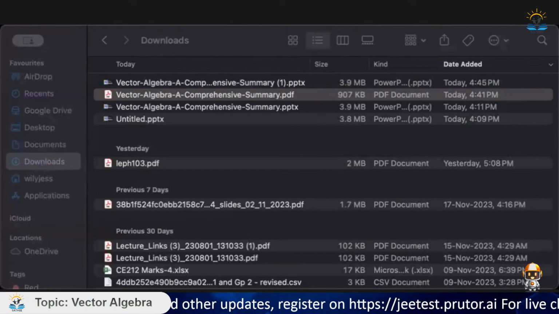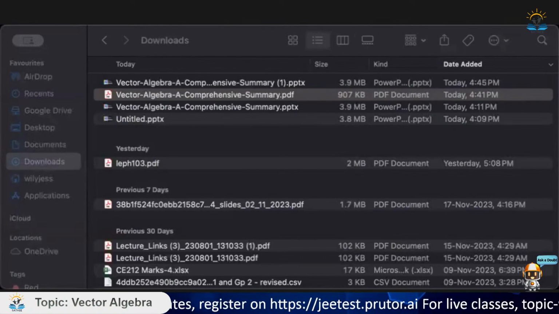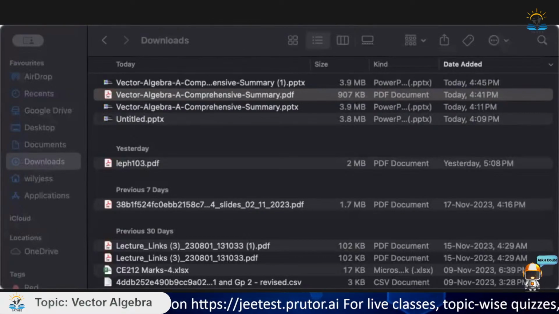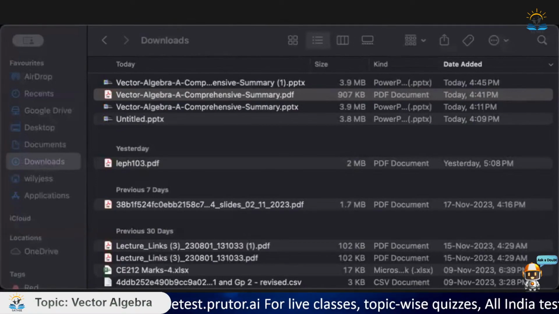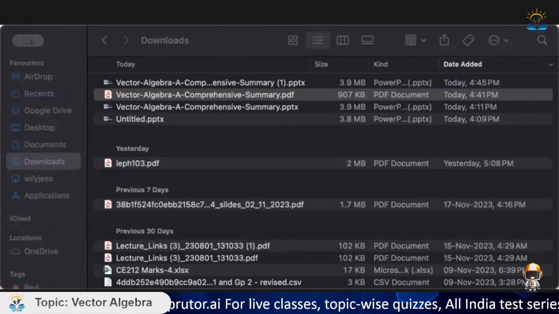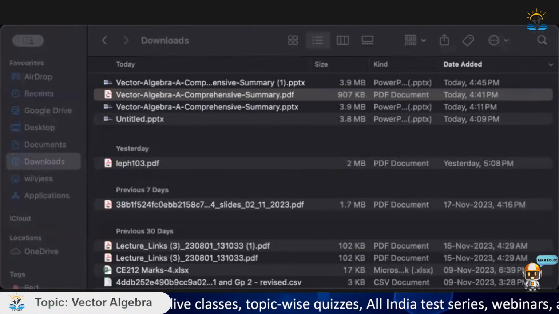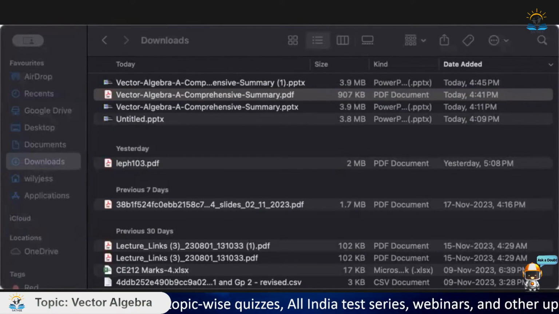Now we have applications of dot product and cross product. One of the applications is area of parallelogram. If A vector and B vector are the adjacent sides, then the area of the parallelogram is A vector cross B vector, and the magnitude of A cross B is magnitude of A times magnitude of B multiplied by sine theta.